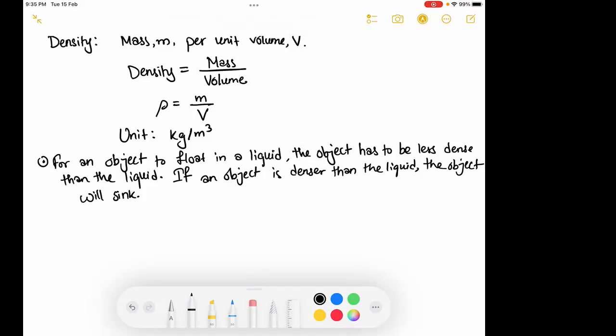Even for maybe 0.001%, there might be a difference, so the lighter one will be on top. It also depends whether the two things dissolve in each other or not. If they dissolve, then obviously they will be dissolved. Otherwise it will always float or sink. Got it.